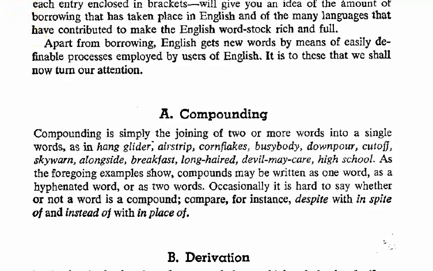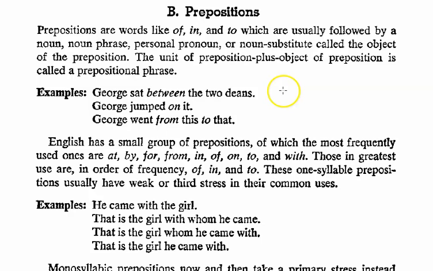Now, prepositions, as we know, are structurally function words. They don't carry a clear or a stable lexical meaning. They have functional meaning. Now, grammatically speaking, a preposition must be followed by a noun phrase. Look at this example.